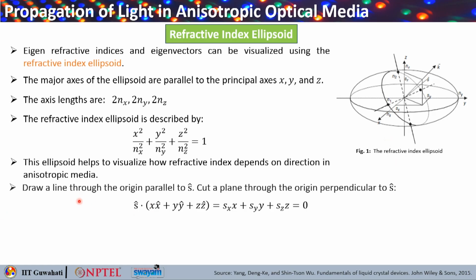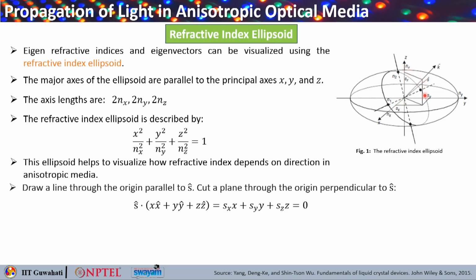Now, one important thing is that this is where your S cap is drawn. If you draw a line through the origin parallel to this S cap, it will cut a plane through the origin which is perpendicular to the S cap direction.